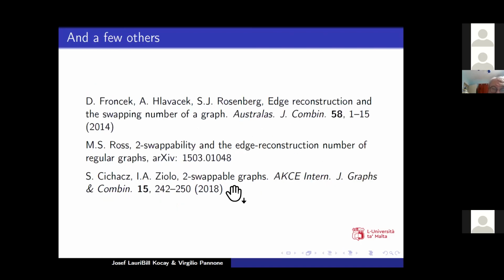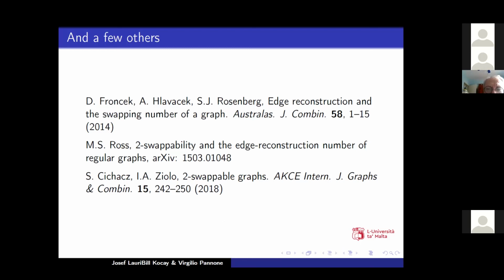These three papers consider what they call swappability, swapping of edges. K-swappable is not exactly the same as any set of K edges can be replaced by K non-edges, but it is close.